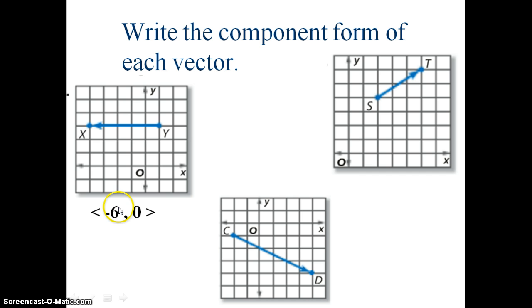My bad, that should be negative 5, 0. Ignore that. Next one, we're moving to the right, 1, 2, 3, then up 2, so that's why it's <3, 2>. And then the last one, you're going to move to the right, 1, 2, 3, 4, 5, 6, and then down 3. So that would be positive 6, negative 3.